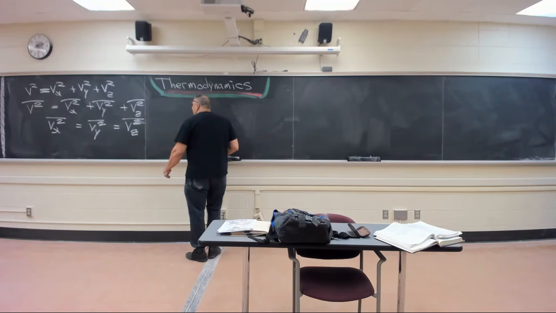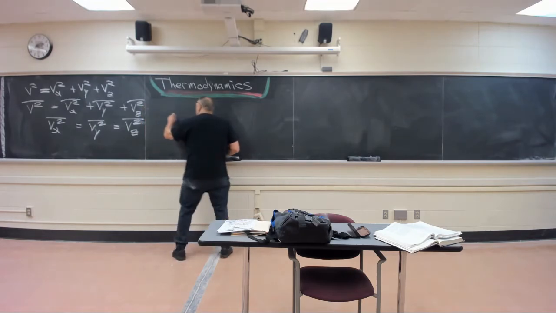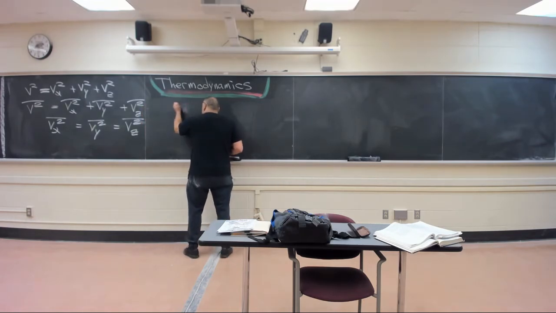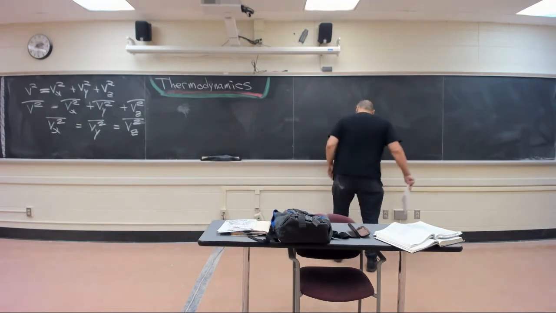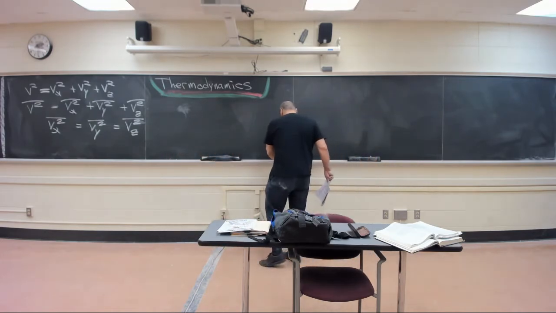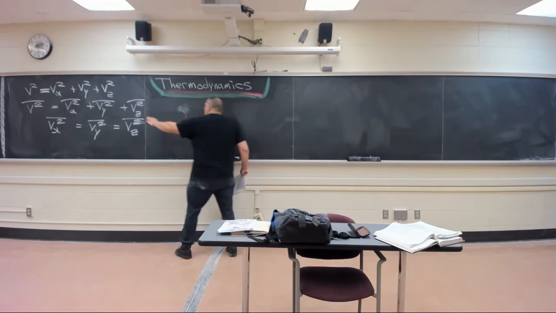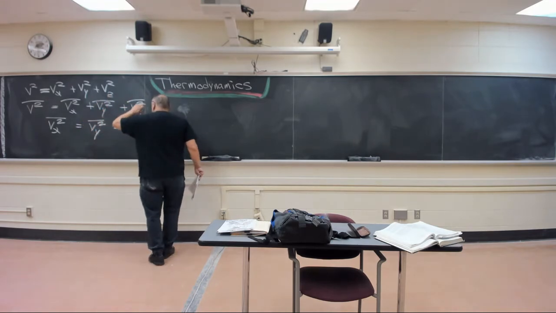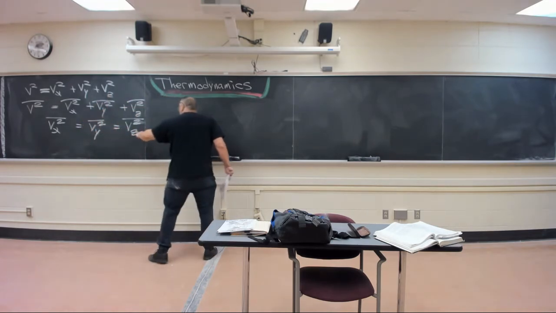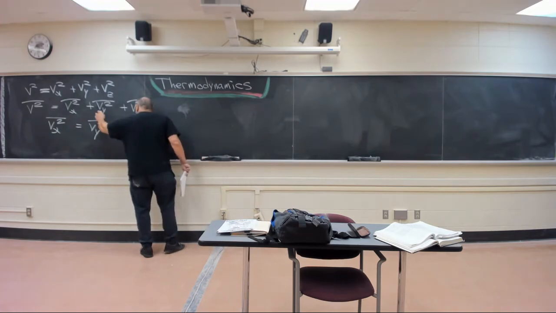Well, that means this. Since we're talking about x right now, guys, and we said v sub x squared bar plus v sub y squared bar plus v sub z squared bar, since they're equal, this is the same size as v sub x squared bar.